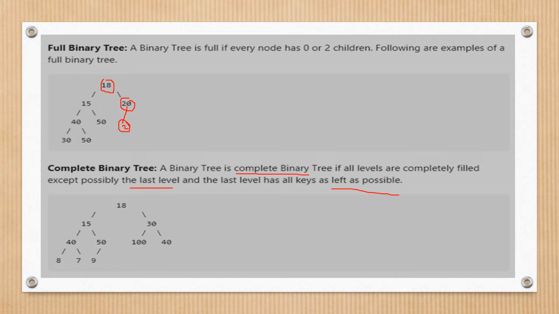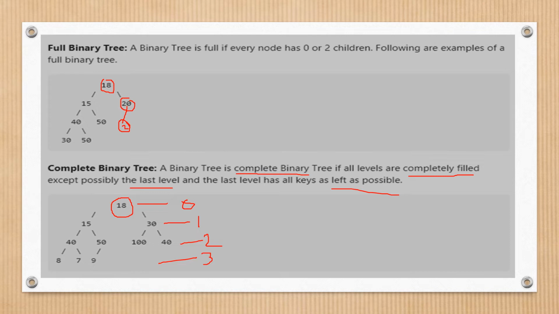See here, some example. 18. Okay, how many levels does it have? Level 0, level 1, level 2, and last one level 3. All the levels must be completely filled. Here no, last level is not completely filled, so it is not a complete binary tree.